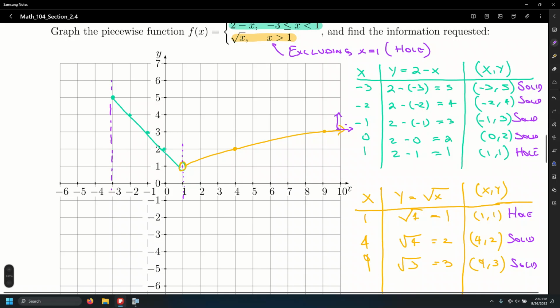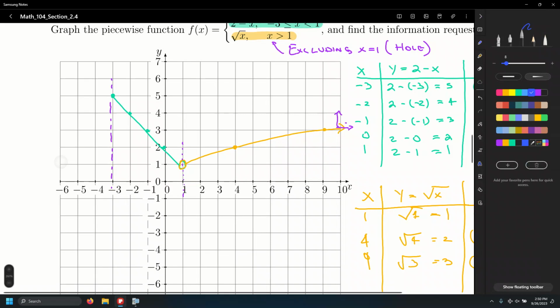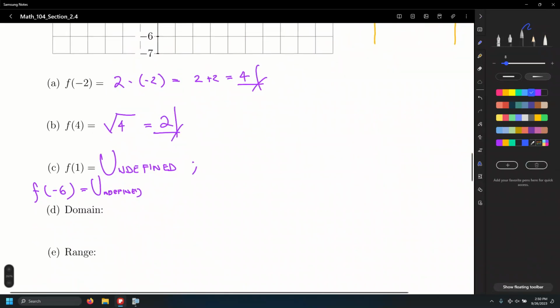And yes, this is going to mean infinity. To describe that, that'll be solid -3 to 1, and then union 1 to infinity, right? And in this case, that's how we exclude the one that is part of the hole.